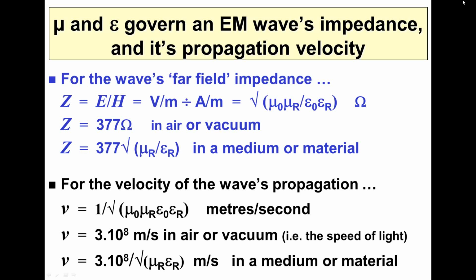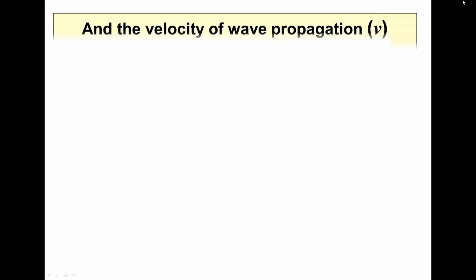In a material which has relative permeability or permittivity, it's 300 million meters per second divided by the square root of mu r epsilon r. So whenever we have permeability or permittivity, the velocity is always slower. Nothing can go faster than the speed of light in the air. I should say information can't travel faster, but that's really going beyond our remit here.